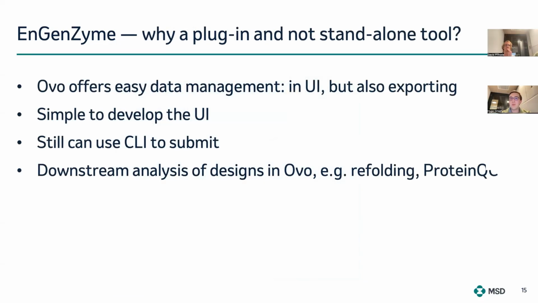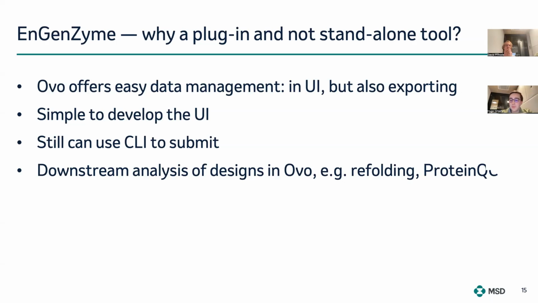So why are we developing this as a plugin into OVO and not a standalone tool by itself? One of the big advantages is that OVO makes the data management of your generated proteins, but also models that you have fine-tuned, very easy.